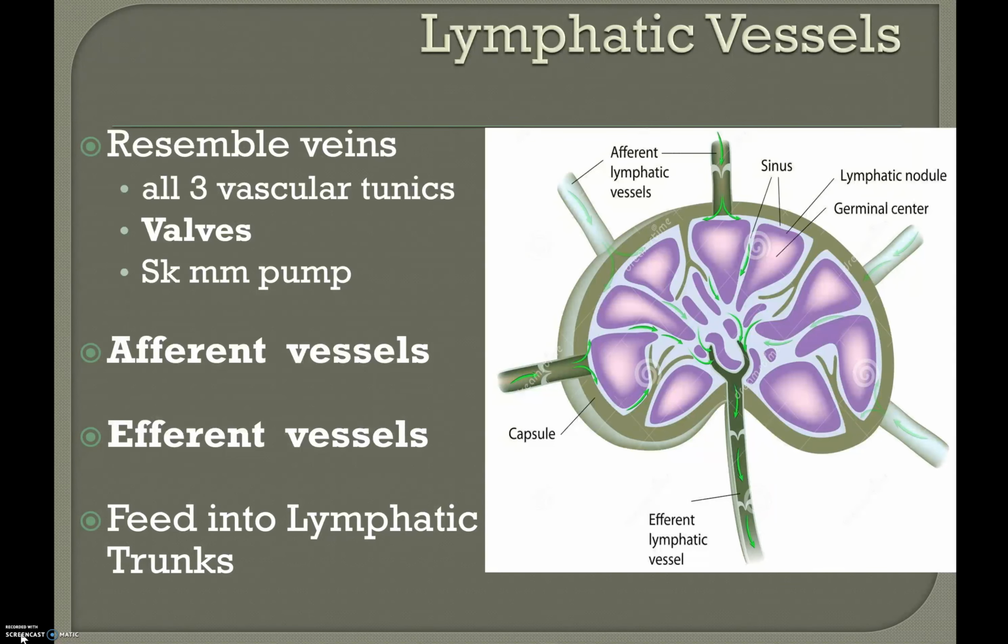In this diagram, we are seeing an efferent lymphatic vessel that is carrying lymph away from the lymph node, and we also see an afferent lymphatic vessel that carries lymph towards the lymph node. So afferent towards, efferent away.